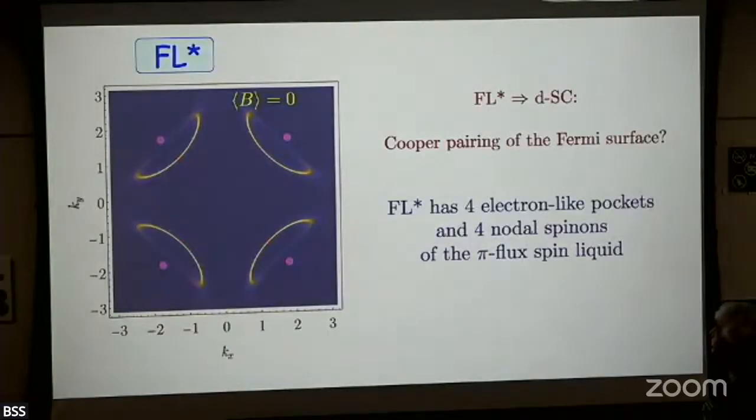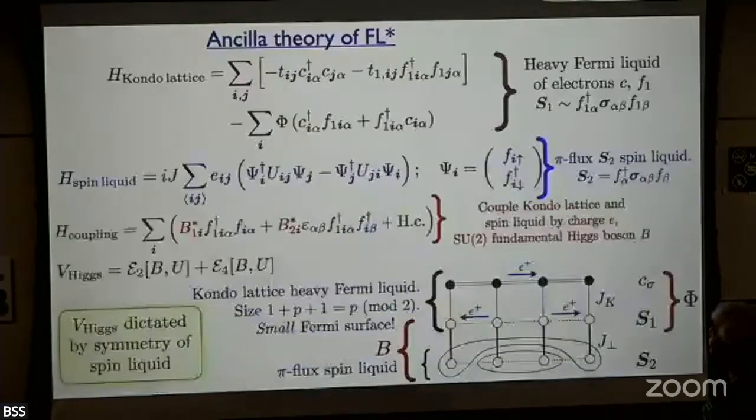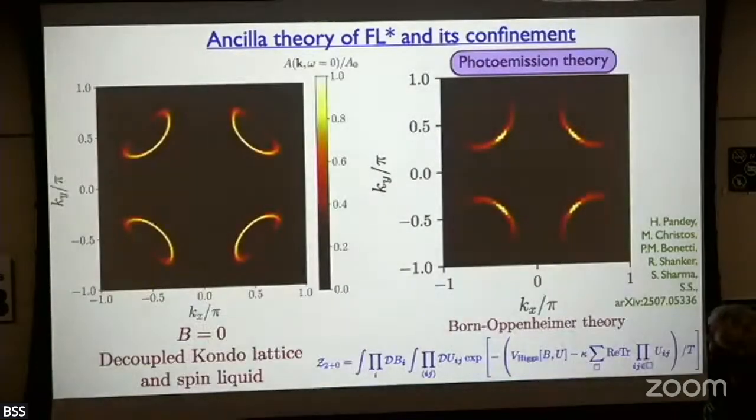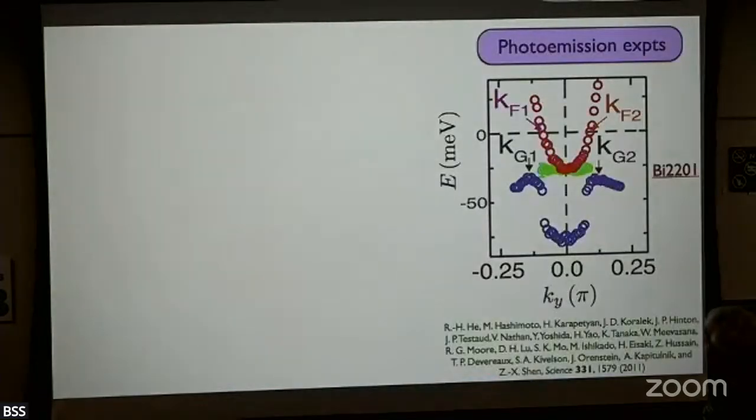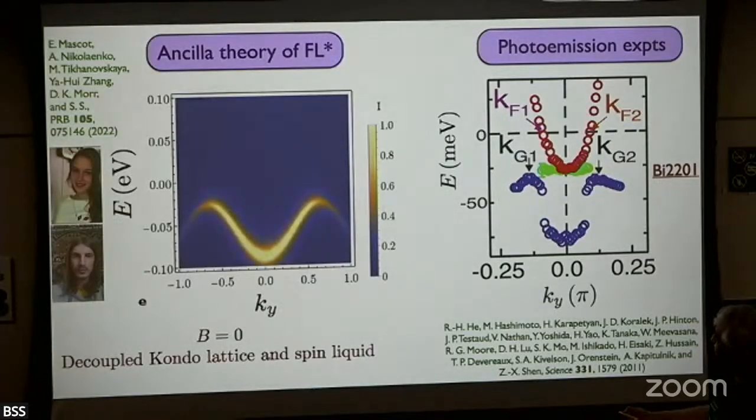Yeah, so it's this part of the Hamiltonian with this phi here, which determines the gap from the Fermi surface.